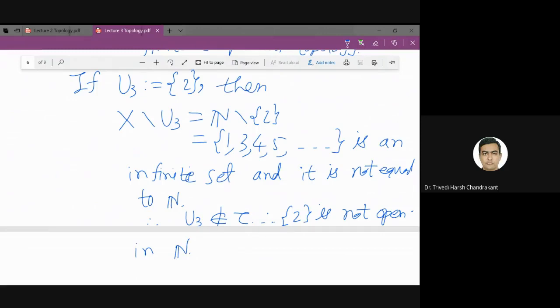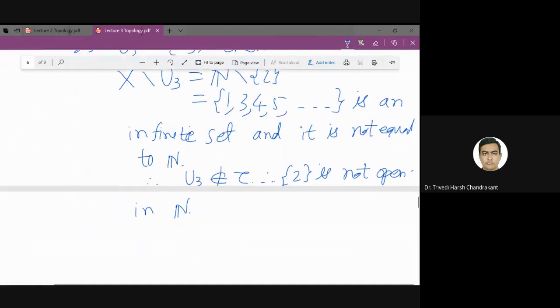So singleton 2 is open in the set of natural numbers N. Singleton 2 is open when I consider the discrete topology, but not open when I consider the cofinite topology. So I have one set which is open in one topology but not in the other. So these two topologies are not the same.